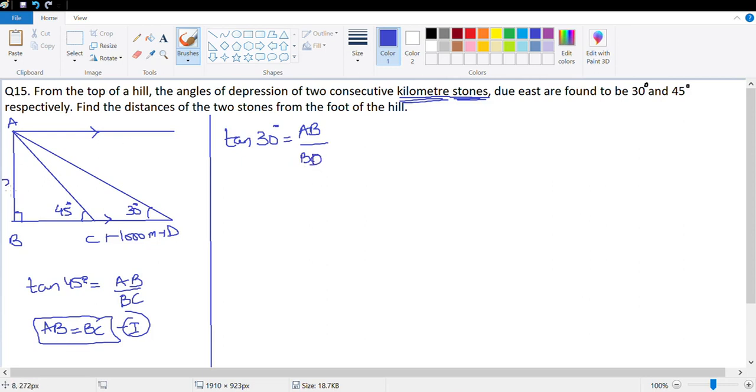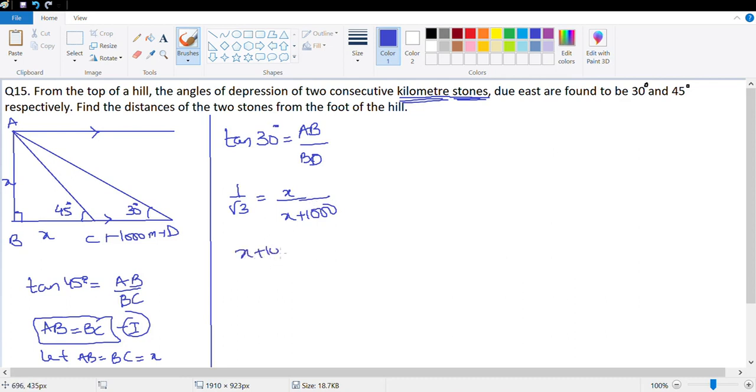So let AB equal to X. So BC is also X. Perfect. So tan 30 degree is 1 upon root 3. So 1 upon root 3 is equal to AB, which is X, upon BD, which is X plus 1000. And only one variable, that should be simple.